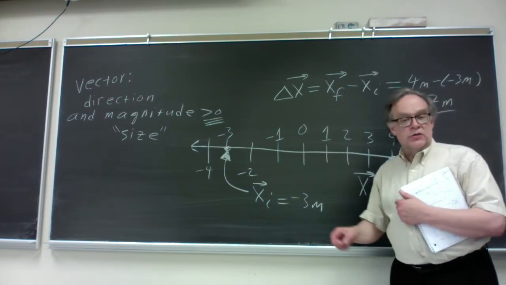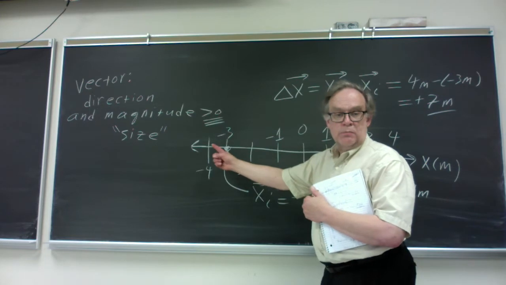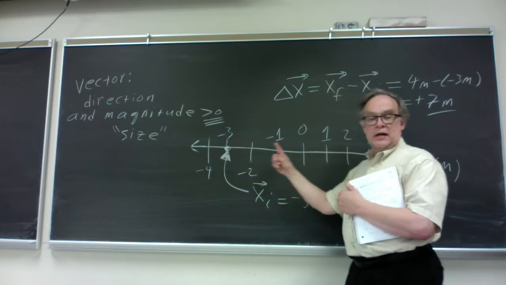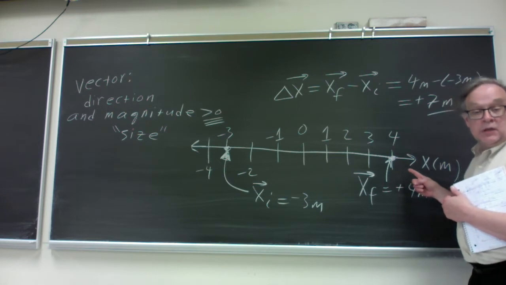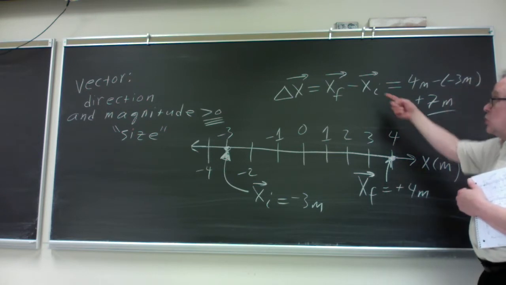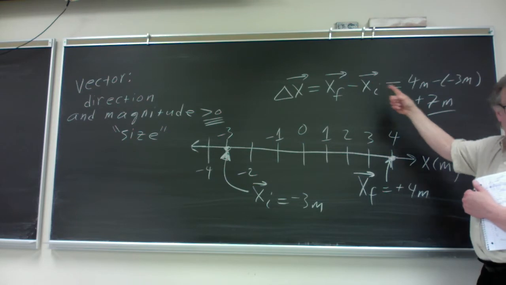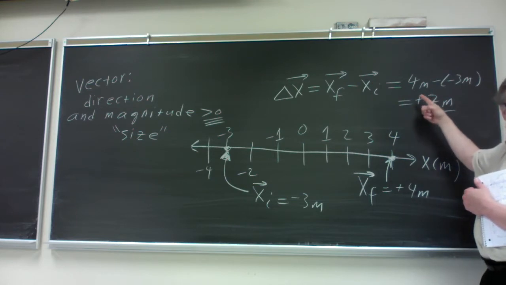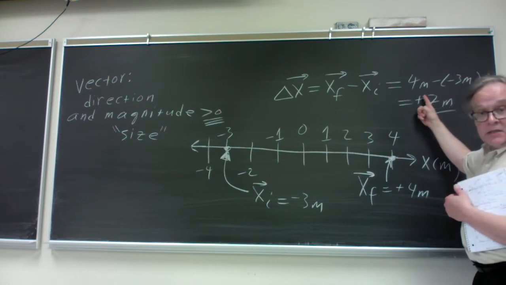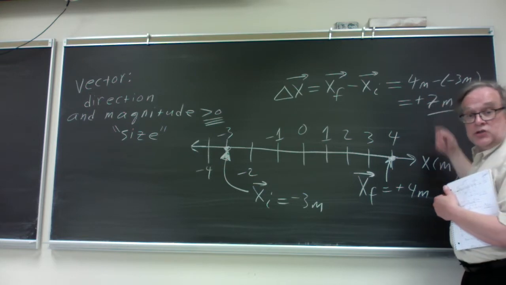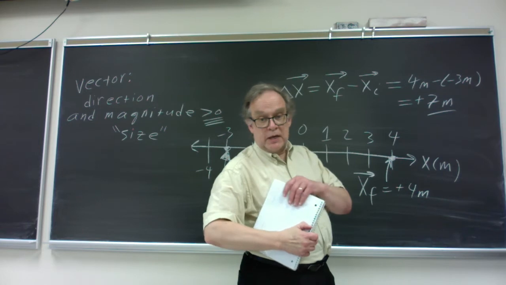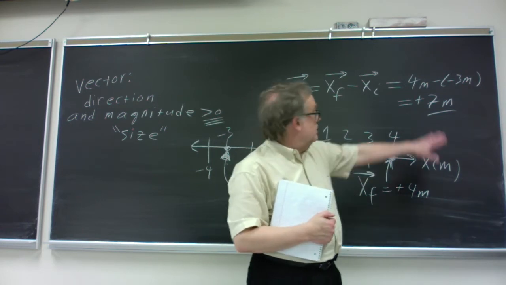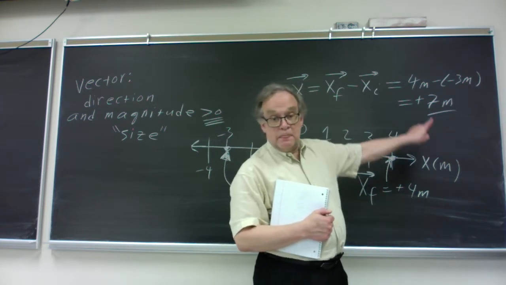So minus 3 meters is the initial location, and just imagine a bug walking back and forth along this line, and eventually it ends up here at the final location, plus 4 meters. So put those two numbers into the formula. Final location of 4 meters minus initial location of minus 3 meters. So that's 4 minus minus 3, or 4 plus 3, plus 7 meters.